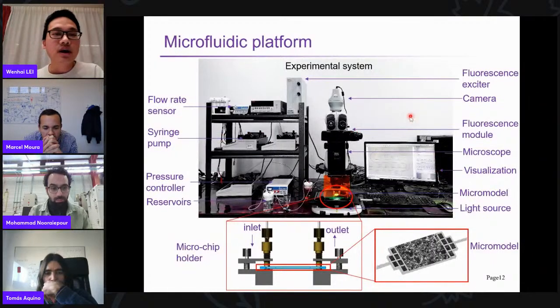So let's introduce our microfluidic platform. It includes the power source, and we use a microscope to observe the multiphase flow in the microfluidic porous media, and then use a computer to calculate and quantify the multiphase flow in porous media.